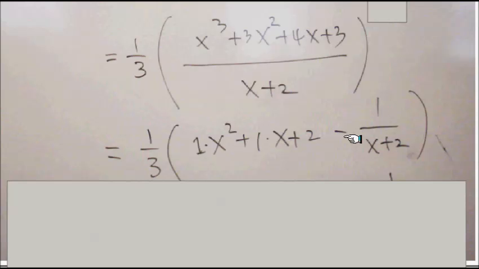That was -1, I pulled that out. So that's the result if the divisor is x plus 2. But this whole thing is supposed to be the answer. So what you have to do is distribute this 1/3 over the coefficients of the quotient part, and also it has to be multiplied there. And that part will explain what happened with the remainder.